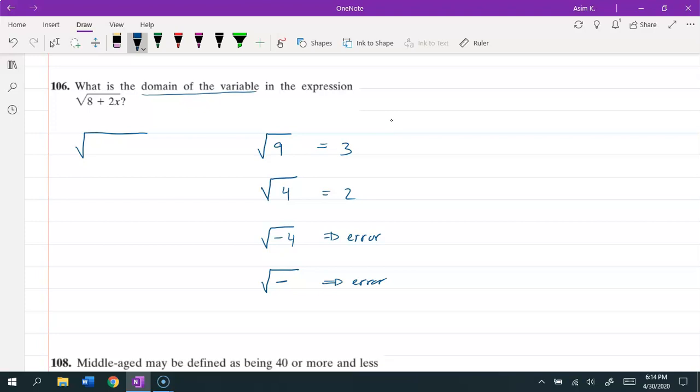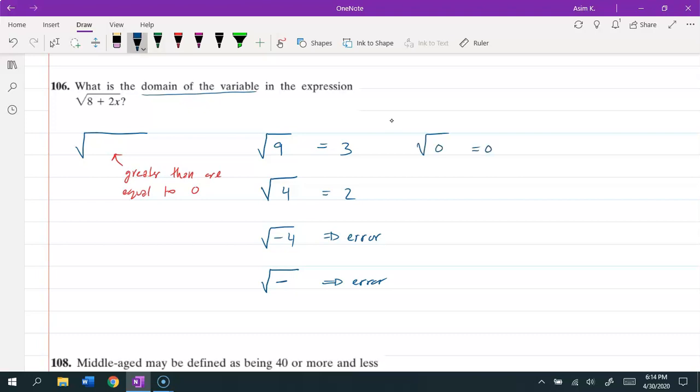But for now, basically what we're saying is the number inside of this parenthesis, inside of this square root, always has to be a number that is greater than or equal to 0. And the reason why it can be equal to 0 is because, let me ask you this, what's the square root of 0?